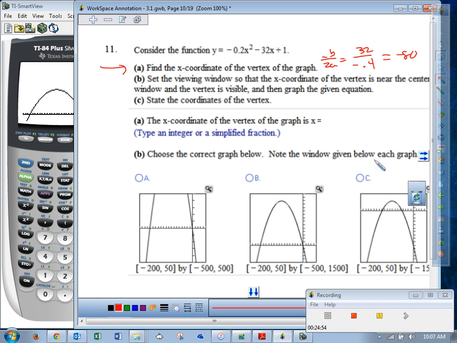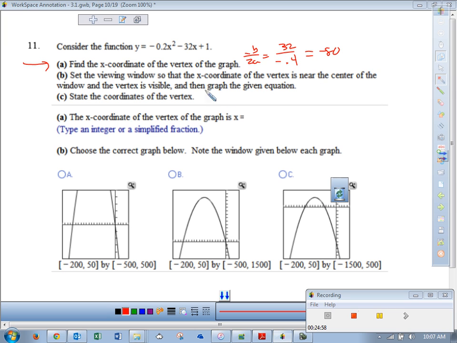Then this is a MyMathLab problem. So it says set the viewing window so that the x-coordinate at the center is visible and graph the given equation. So that's choice B down here. They've given you three options, right? You know the x value of the vertex is at negative 80, okay? And this parabola opens down. I would look at all three of them first. If there's any that open up, you know you can eliminate those.